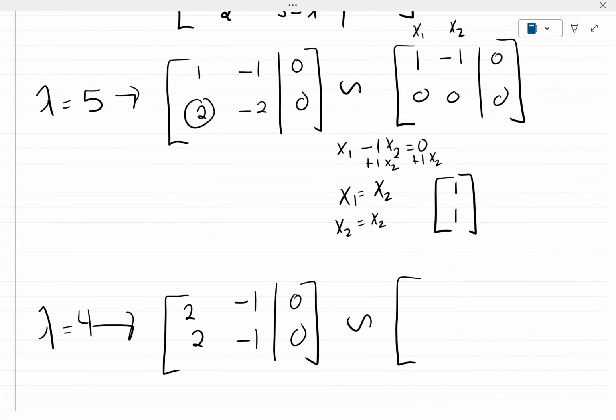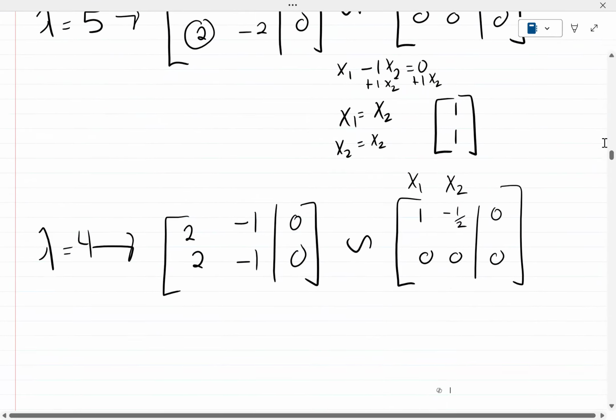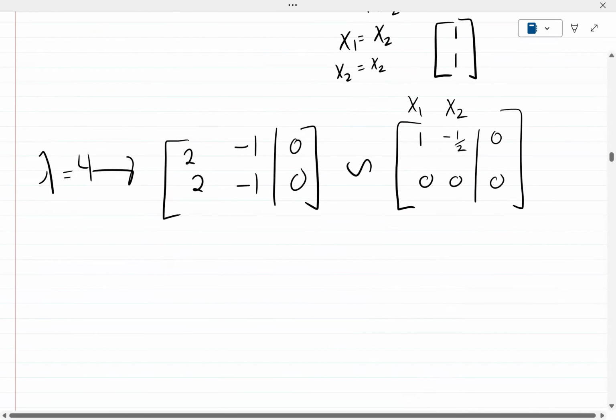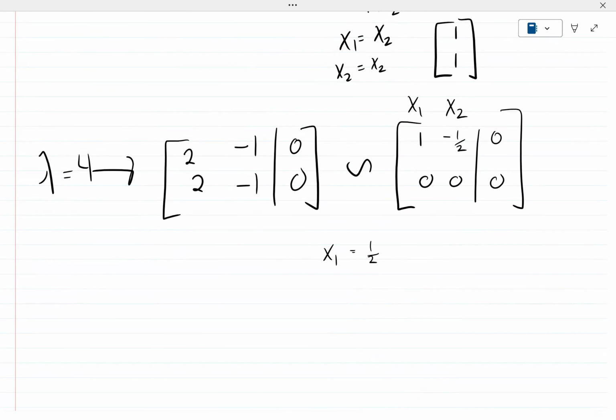I get this: 1, -1/2, 0, 0, augmented with 0, 0. So this is column x1, this is column x2. So when you solve for x1, we're going to get 1/2 x2. And when you solve for x2, you're going to get x2, right?